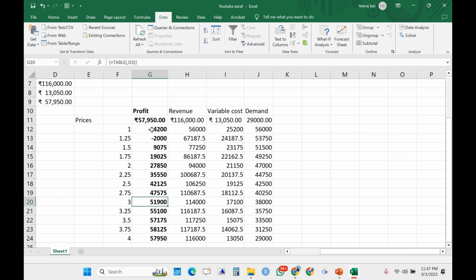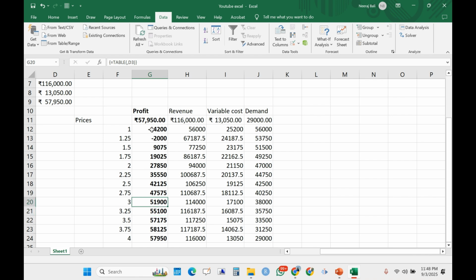Up to 3 also increasing, up to 3.25 also increasing. But you can see here the demand is reducing, because when the price is increasing, only to a certain extent will the customer bear the price. Once he sees it's very exorbitant, definitely it will affect the demand dramatically.